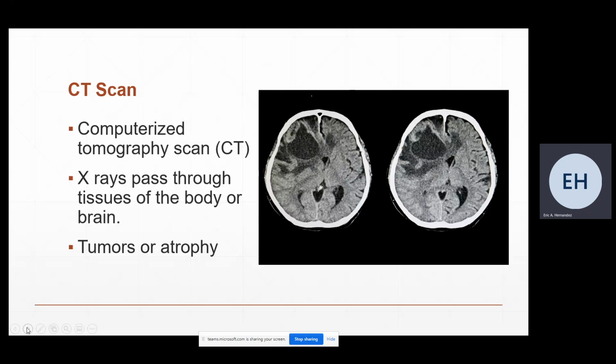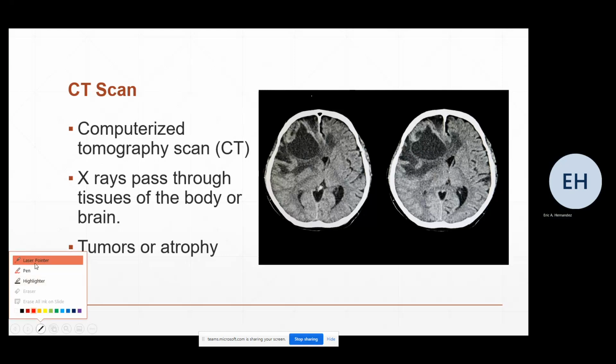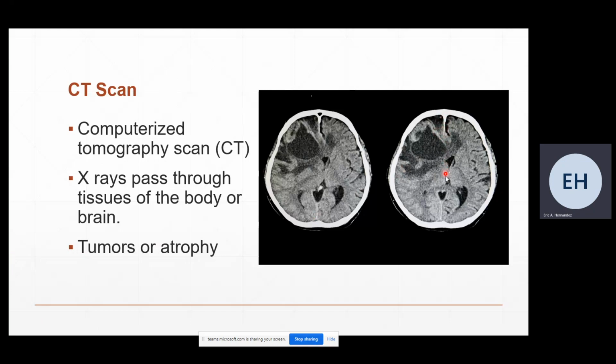Let me see if I can get the pointer. You can see the longitudinal fissure, you can see the corpus callosum, you can see the cerebellum right here, but there's this big tumor that has eaten up part of the frontal lobe. So this person is likely experiencing some behavioral issues or personality issues, some executive functioning issues.